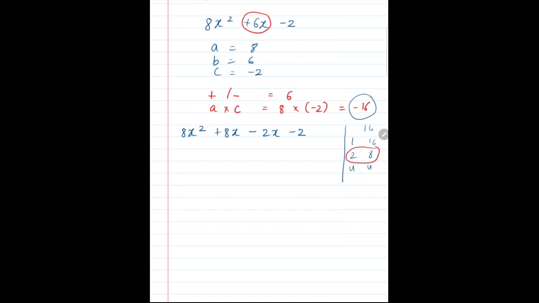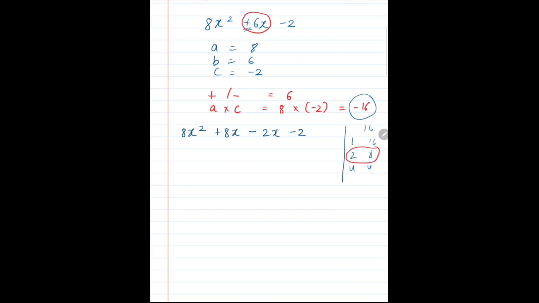Now why have I taken positive 8 and -2? Because I need positive 6 here, and that is possible only when I subtract 2 from 8. And it doesn't matter whether you write 2x here or 8x here, you will be getting the same answer.